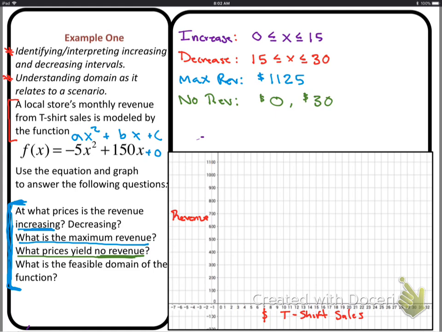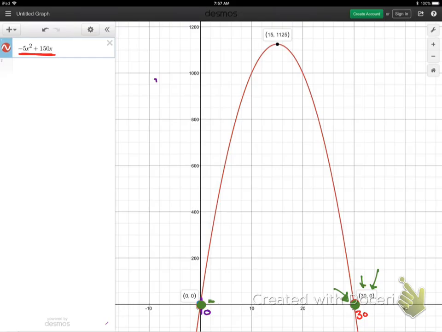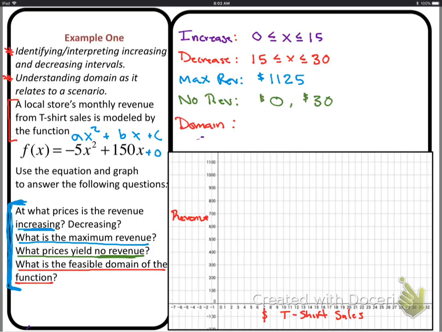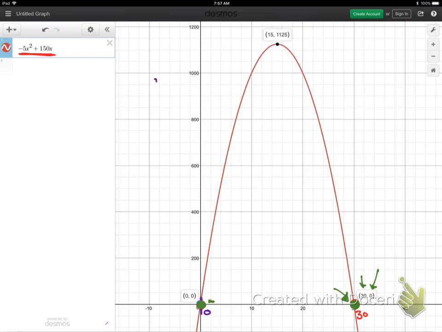Okay, and now the domain. So if we're looking at domain, again, this is going to relate to the x value. So it says, what is the feasible domain of the function? Remember that the x-axis stands for the price of the t-shirts.